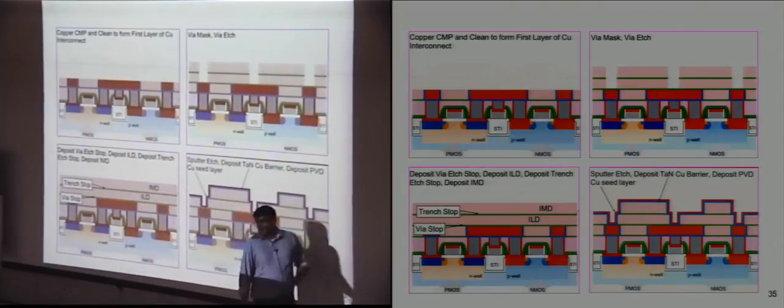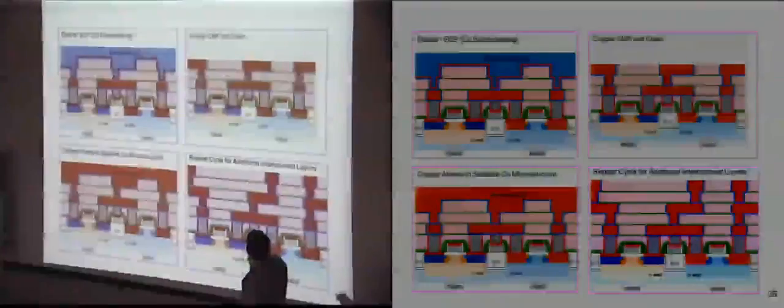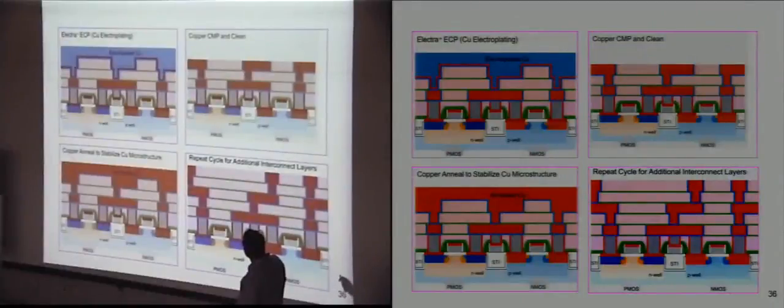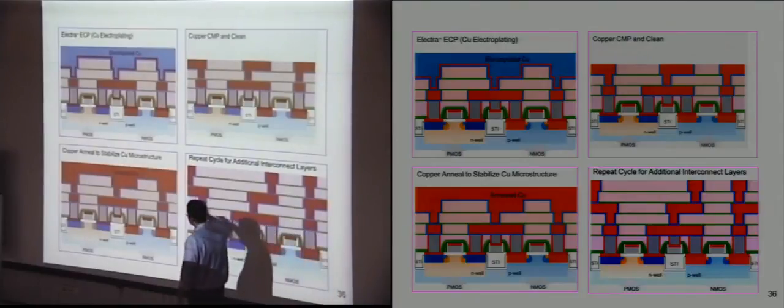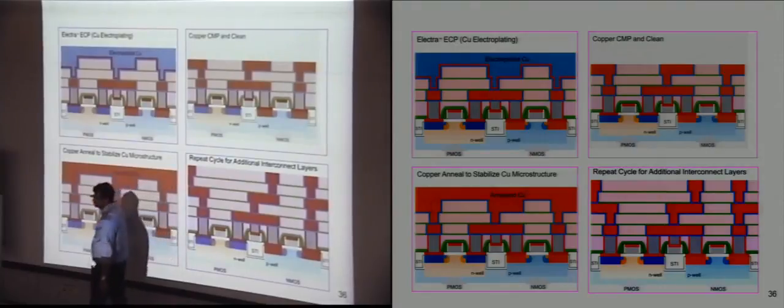Then you dip it in solution again. So that is the electroplated copper here, anneal it again and continue and you build up layer by layer. Every time you deposit copper, before that you need to put your diffusion barrier, your seed layer, before you electrodeposit and anneal the copper. Okay.